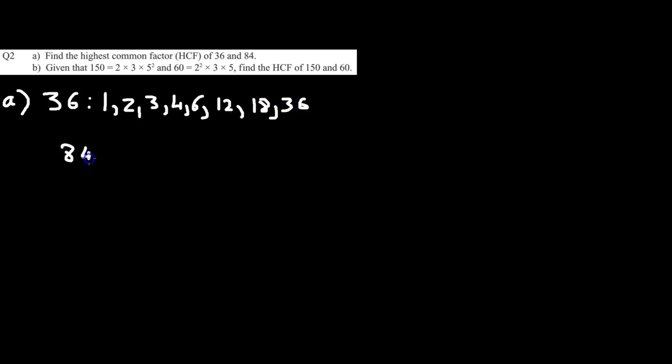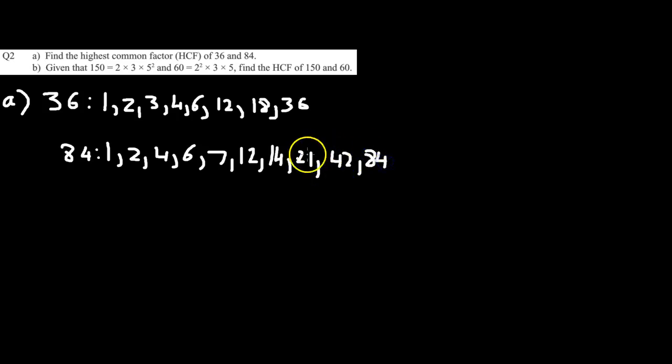And for 84, it's going to be 1, 2, 4, 6, 7, 14, 7 times 12, 6 times 14, 4 times 21, 2 times 42, and 1 times 84. So the more you learn how to do factors, the quicker you are able to do this. So I don't think you guys would have been able to do this straight away. You would have just written like 1 times 84, 2 times 42, and gone up like that.